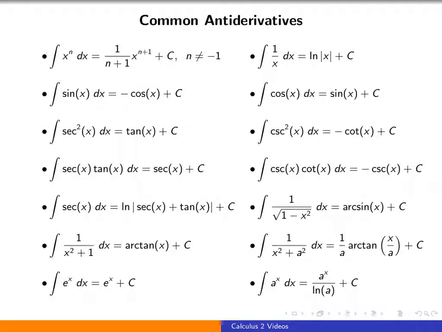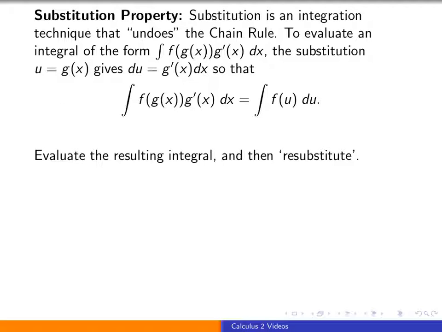Along with these common antiderivatives, we have one more advanced method of integration at this point, which is substitution. As a reminder, substitution is a technique of integration that undoes the chain rule of differentiation. To evaluate an integral of the form given here, the key characteristic that indicates a substitution is a function inside another function whose derivative appears outside. So, a function-derivative pair.